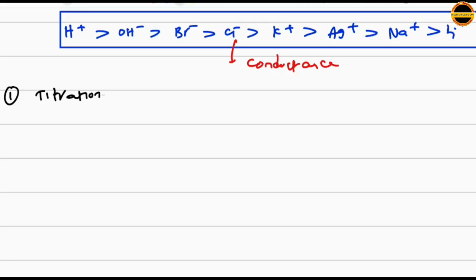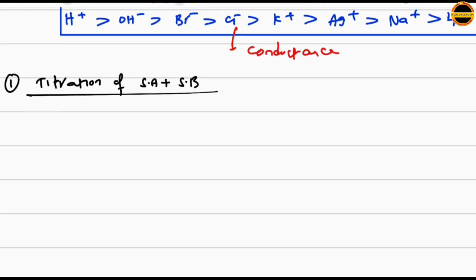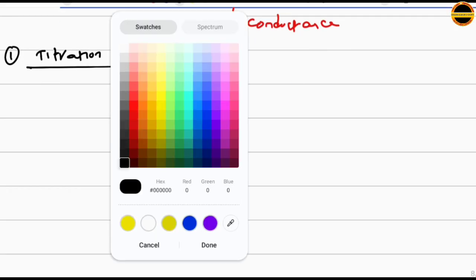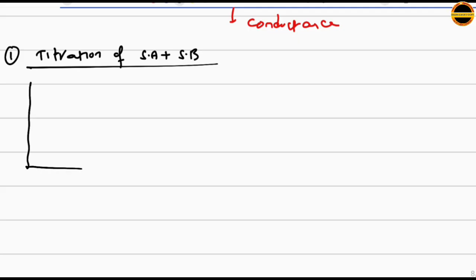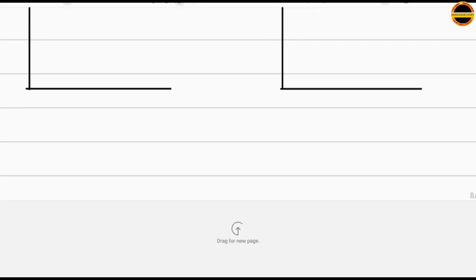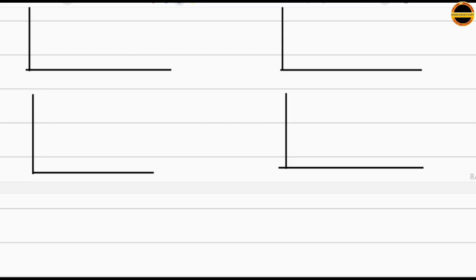So see the titration of strong acid and strong base, how the curve looks. I am comparing all of them at a time. Then another case, titration of weak acid and strong base, and weak acid, weak base also. Similarly, the third category, strong acid with weak base, followed by weak acid and weak base.